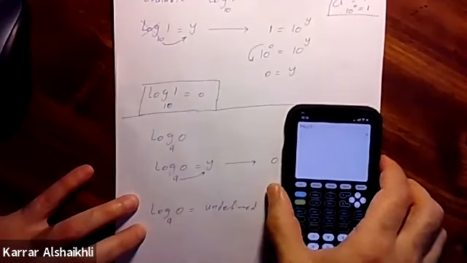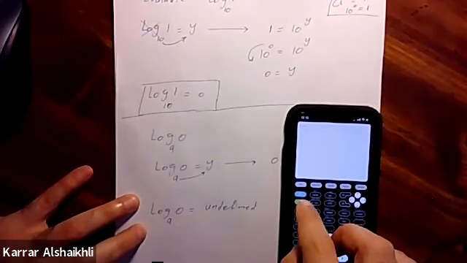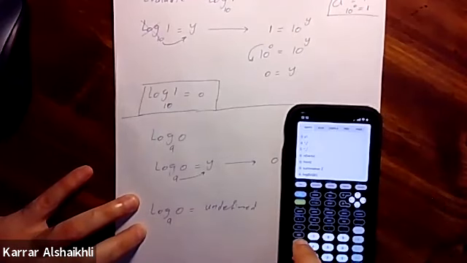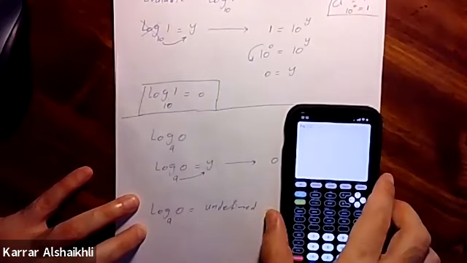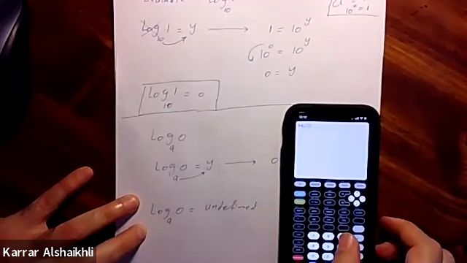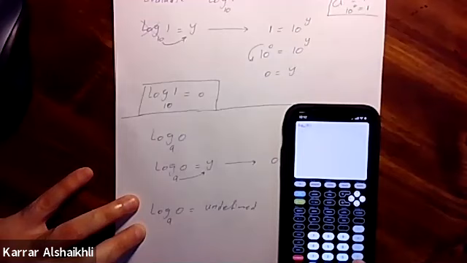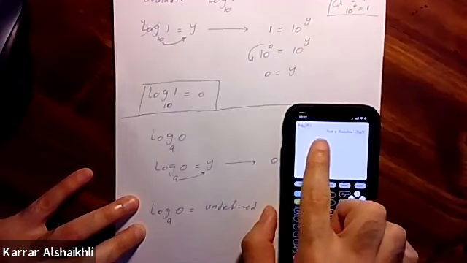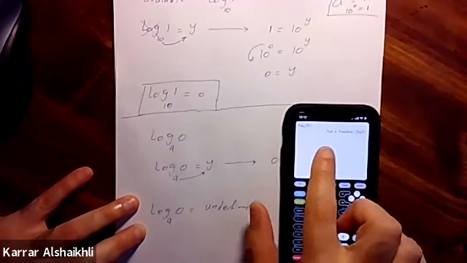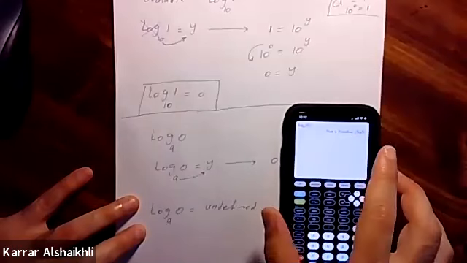Let's check that. If we use the calculator to find the solution for this one, you will see the difference. Log to the base 9 of 0. Not a number. You see, sometimes you get not a number, or you're going to get an error.